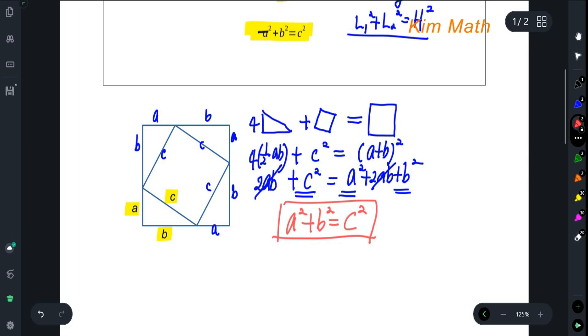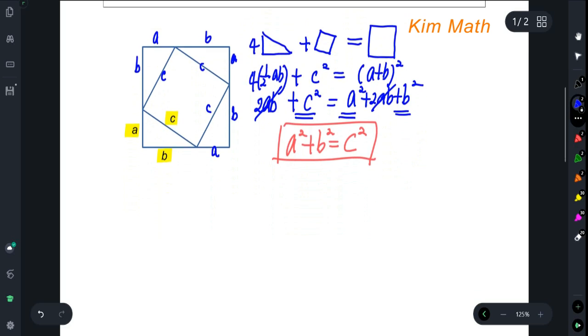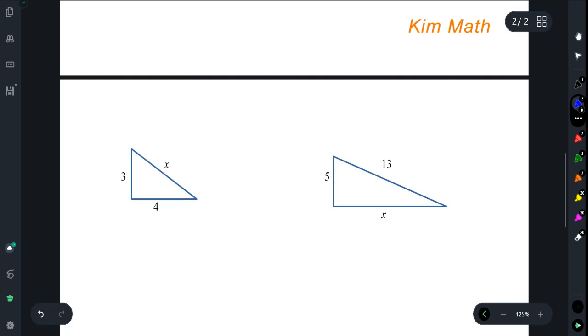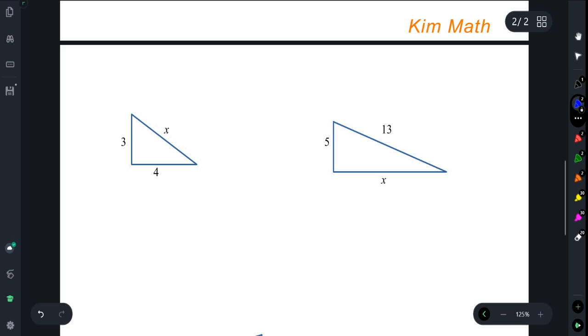Okay, we will try to solve some equations. Here we have a right triangle. Two legs have the lengths 3 and 4. What is the hypotenuse? We can write the Pythagorean theorem directly. 3 squared plus 4 squared equals x squared, right?